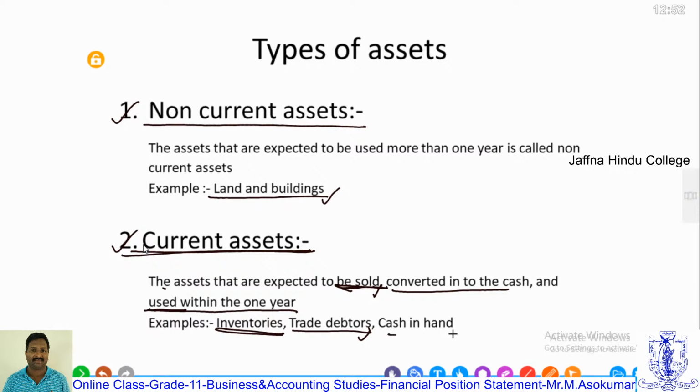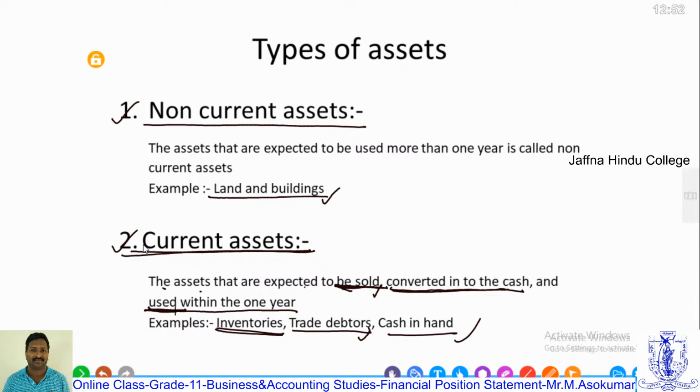Used means the cash in hand that is expected to be spent. Therefore, current assets mean the assets that are expected to be sold or converted into cash and used within 1 year.